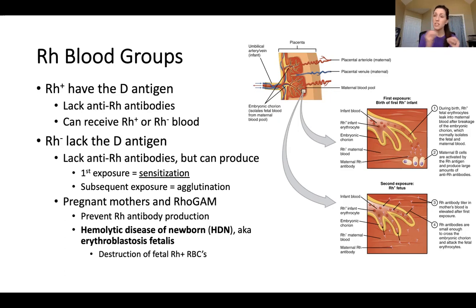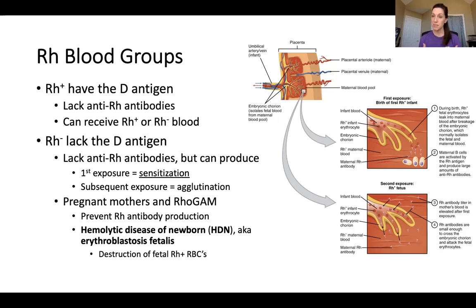Then the mother is exposed to that D antigen, and she will start to produce anti-D, or anti-Rh, antibodies. So it's not usually a problem for that first pregnancy, because that's the first exposure to the Rh antigen. The problem comes in with subsequent pregnancies.